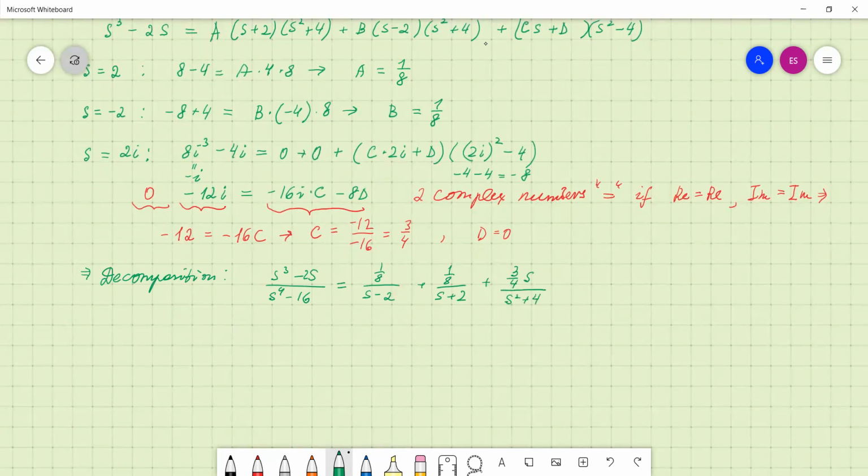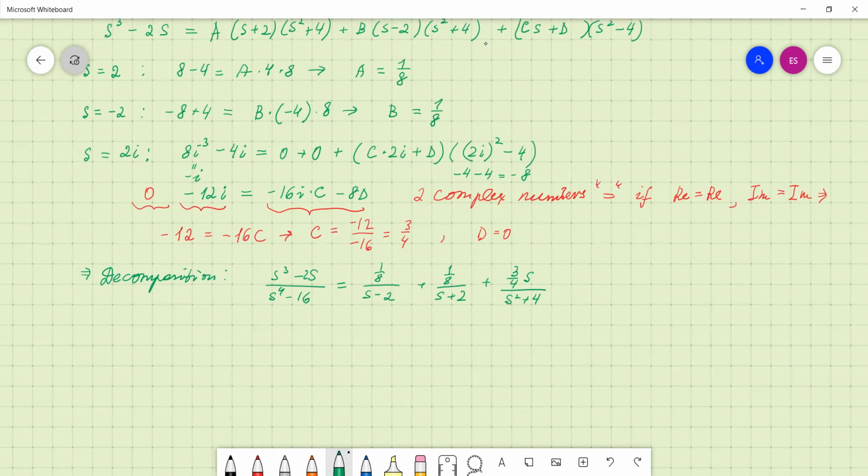We're going to miss the fourth fraction because d was equal to 0. We had a fraction cs plus d, so there is going to be no d term. It's going to be plus 0 here.